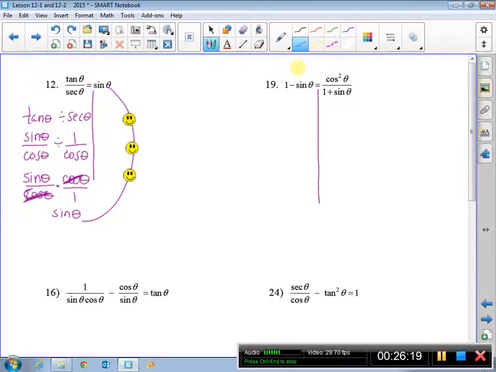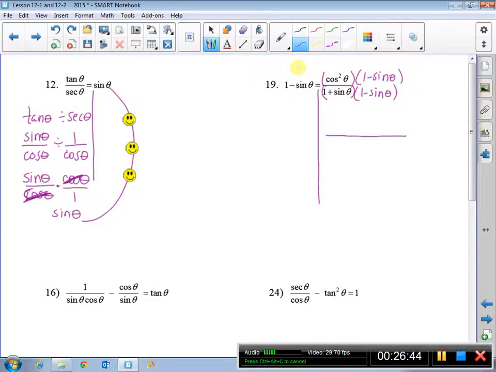So this equation actually has a trick associated with it. And the trick is to multiply the denominator, or to use the conjugate of the denominator, is a better way to say it, to change the look of that fraction.